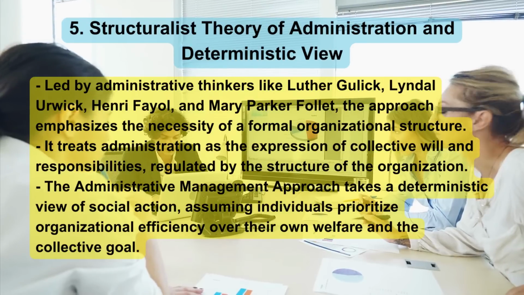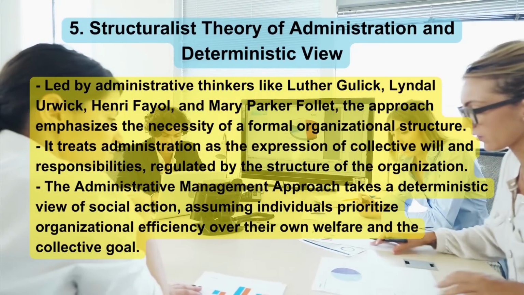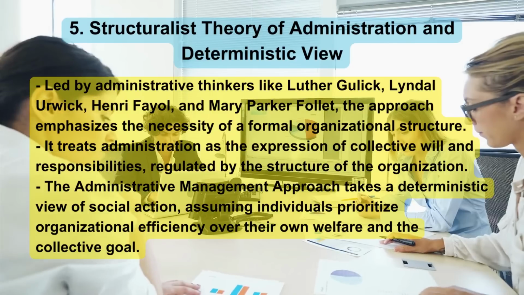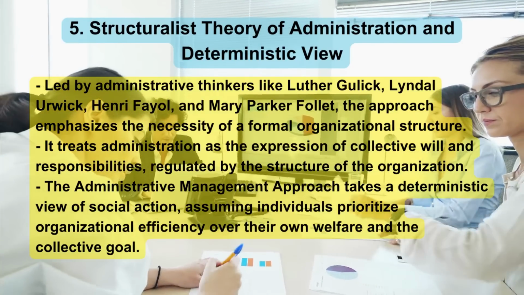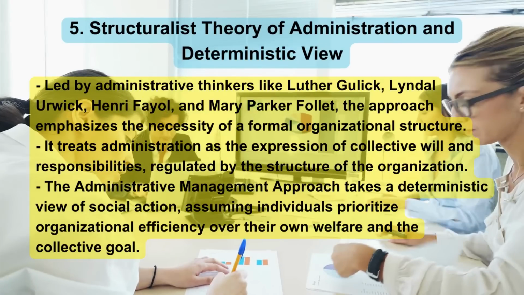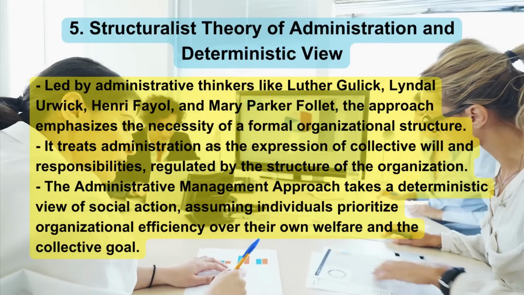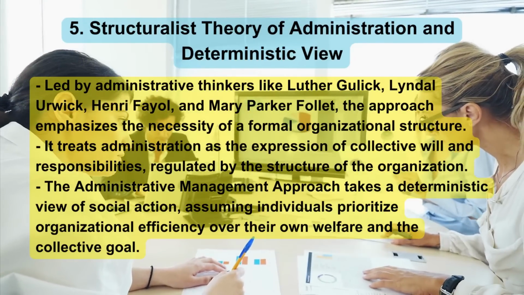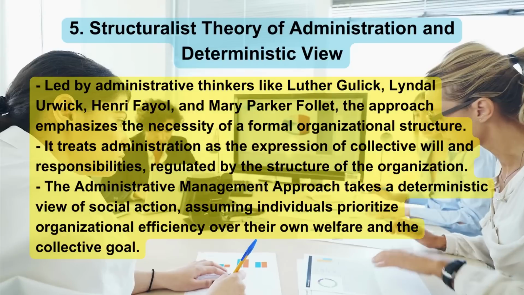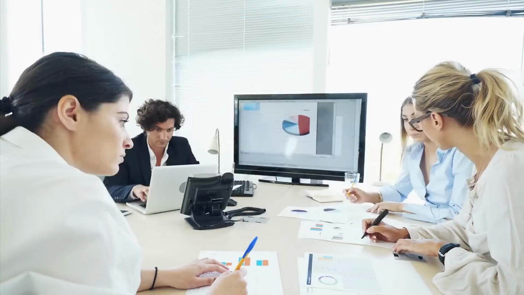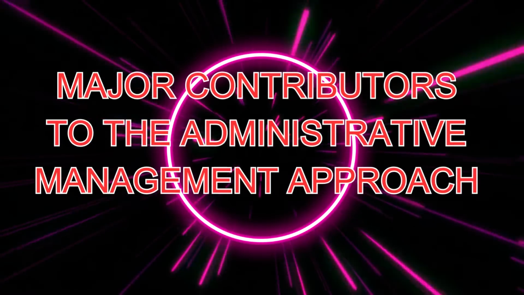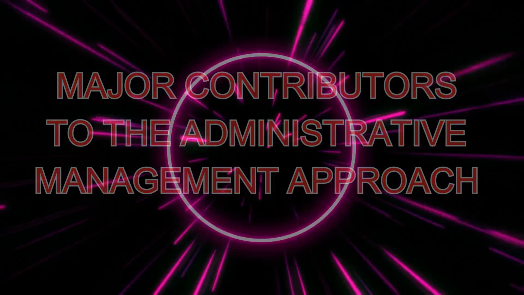It treats administration as the expression of collective will and responsibilities, regulated by the structure of the organization. The administrative management approach takes a deterministic view of social action, assuming individuals prioritize organizational efficiency over their own welfare and the collective goal.